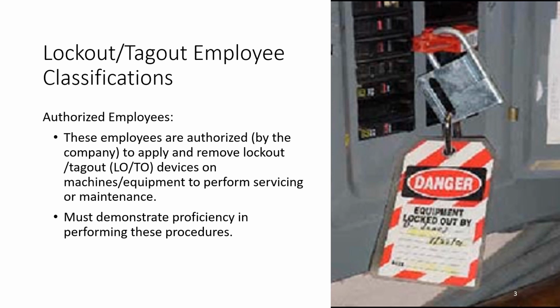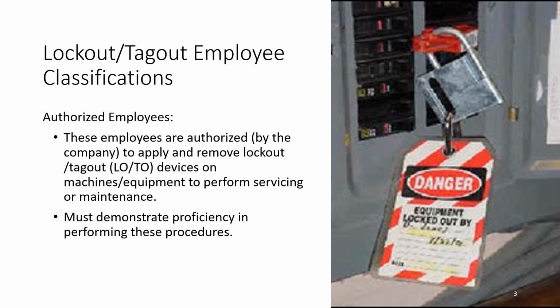So the authorized employee, they are authorized because the company says that they are authorized. So they will apply and remove the lockout tagout devices. We typically think about power being the only real hazard out there, but depending on what the machinery is, you can have chemical hazards, pneumatic, springs, air.